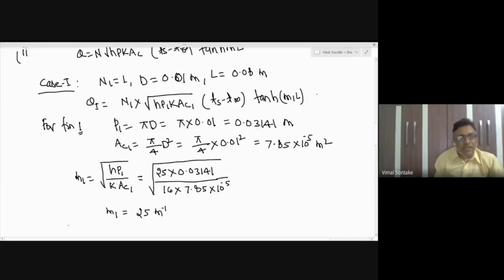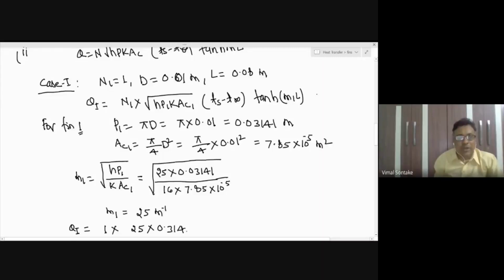So if it is correct, now I can calculate heat transfer rate for case 1. N1 is 1 into h is 25, perimeter is 0.01, sorry, not 0.01, 0.0314.